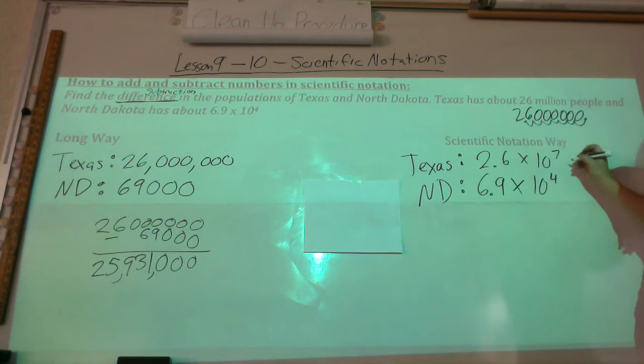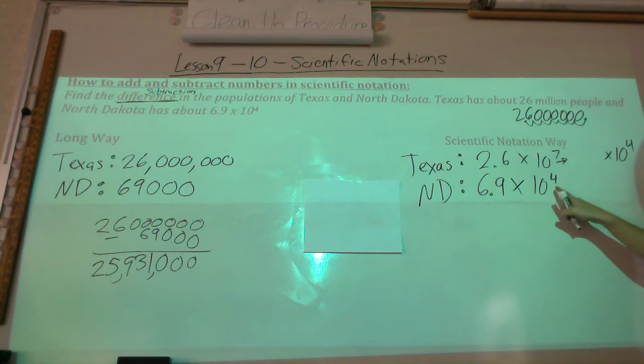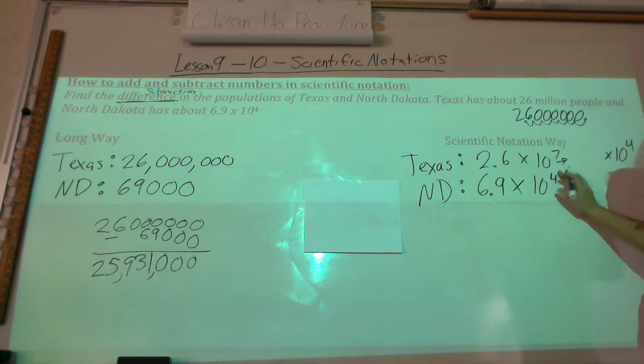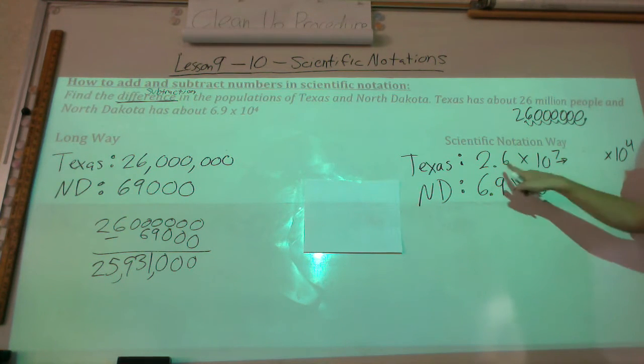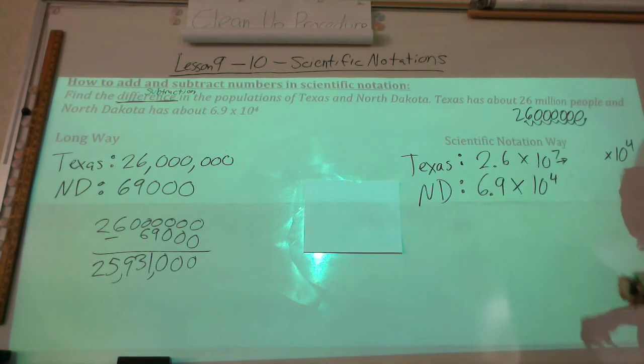So let's change Texas, and hopefully this is still on the screen, to have a power of 4. So we need to change Texas to have a power of 4, the same power as North Dakota. I need to change it bigger by 3, because if I'm making this smaller by 3, I need to change this number bigger by 3.